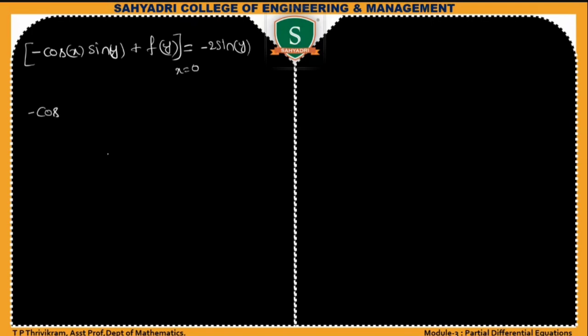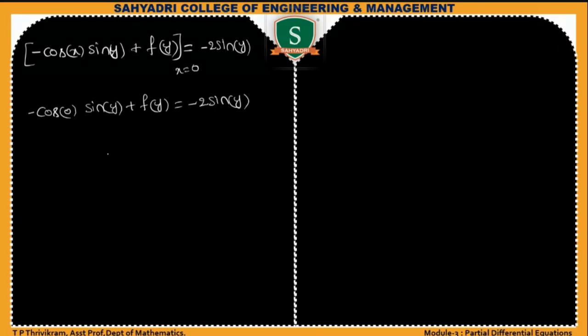Minus cos 0 sin y plus f of y is equal to minus 2 sin y. Cos 0 is 1.